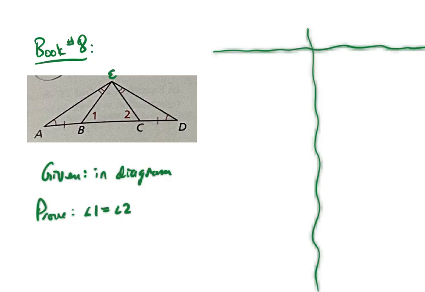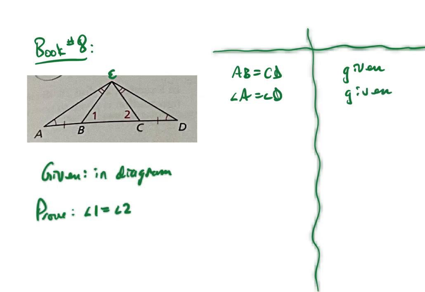So the given information is going to be shown in the diagram, and I'm just going to put it into our proof like we always would. I'm going to start with side AB equals side CD. That's given to us. Then I'm going to say that angle A is equal to angle D. That's given to us.